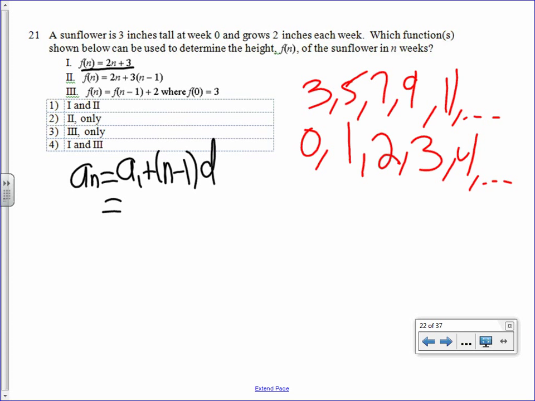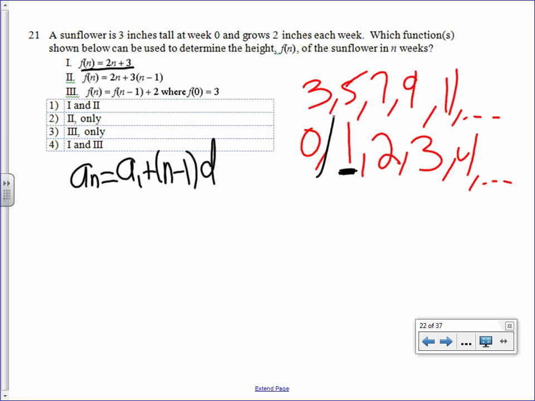The first term is 3. Although, when n is 1, that's really your first term.